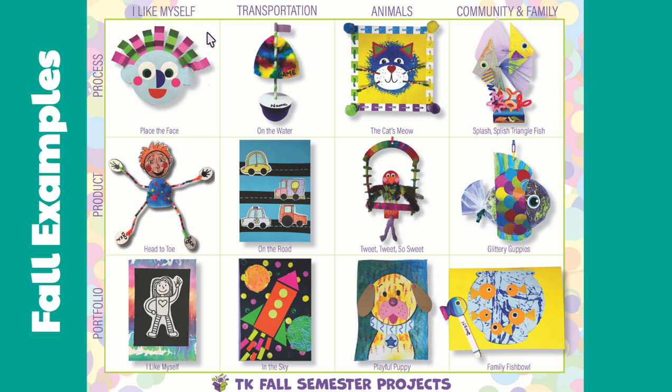Let's talk about this one right here. The I like myself. This is the lesson called Place the Face, and students will create a face with a teacher, really examining the face, looking in the mirror, finding where all the parts are creating together. And then there's enough materials for them to work independently as well.